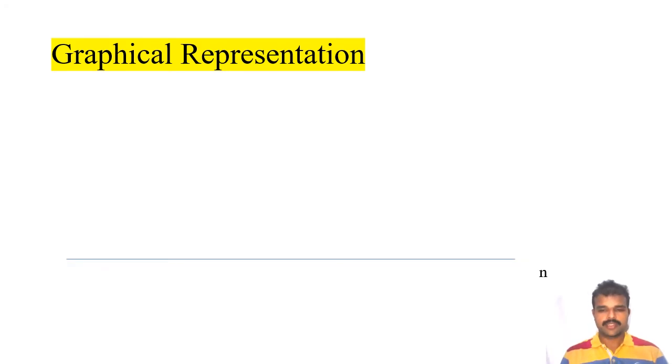The idea is this: we'll have values of n represented on the x-axis and the signal values are represented along the y-axis, and you know that we'll have the function defined only at integer values, say -4, -3, -2, -1, 0, 1, 2, 3, etc. We don't know the value of the function in between any two consecutive numbers.